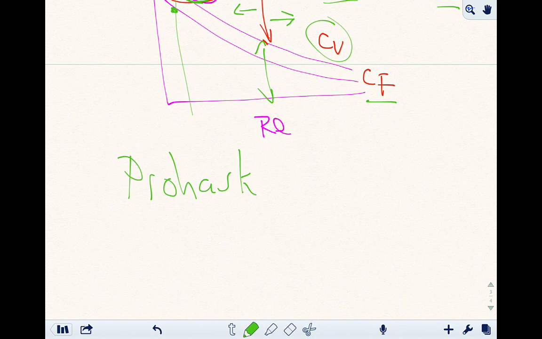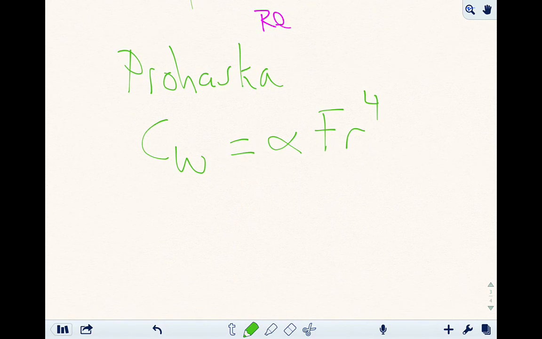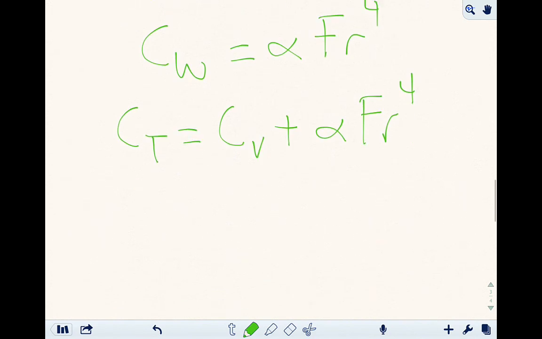In this case, what's assumed is that towards lower speeds the wave drag scales as, and this could be shown mathematically, the Froude number to the fourth power. CW goes as alpha Froude number to the fourth power. It allows us to say CT is equal to CV plus CW, which we're assuming to be of the form alpha Froude number to the fourth.